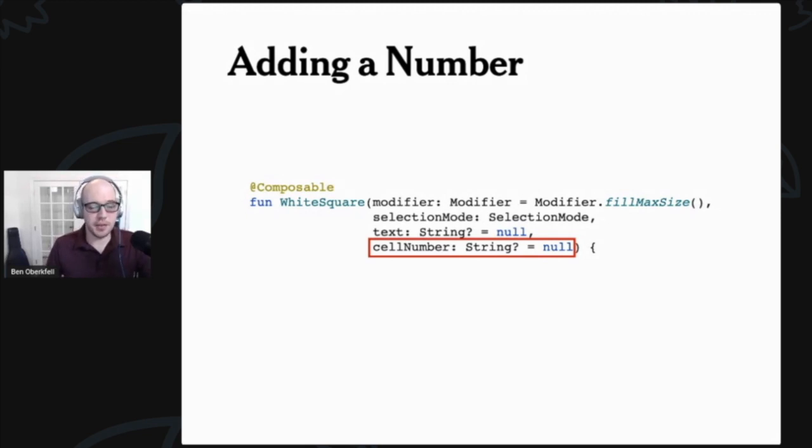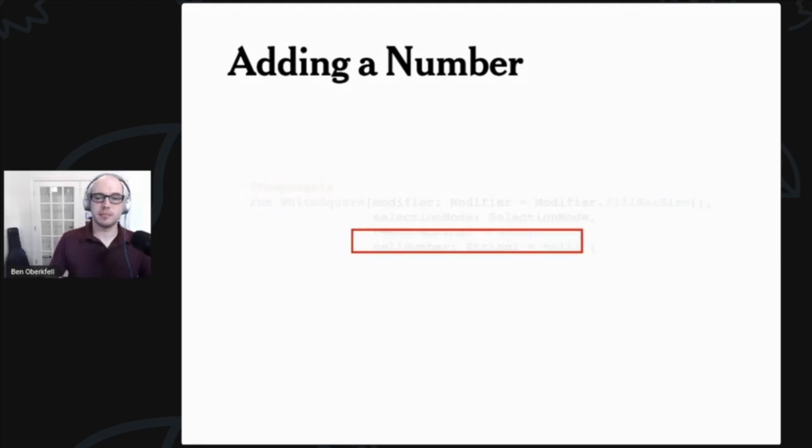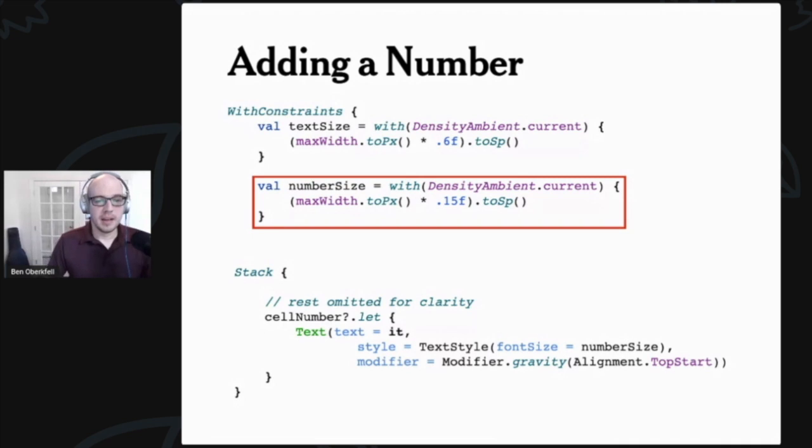And again, this is also going to be nullable because not every cell has a number. We're going to calculate ourselves another text size here. So this time I want it to be 15% of the size of the square's height or width.